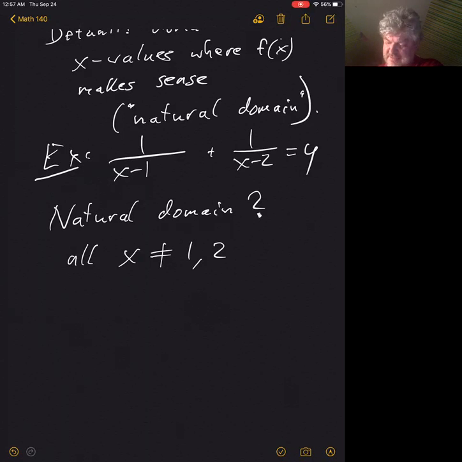Sometimes you will be asked to describe such a natural domain in terms of inequalities.